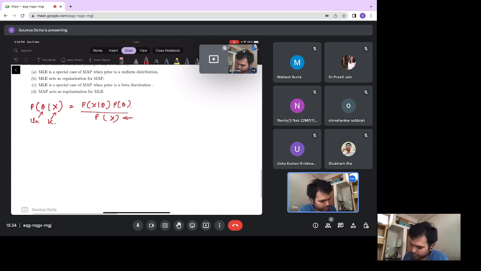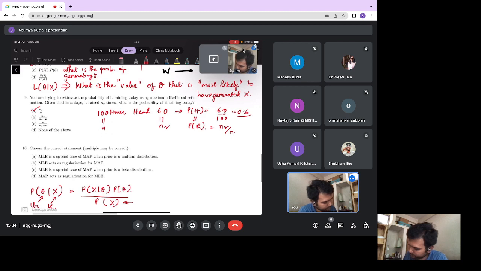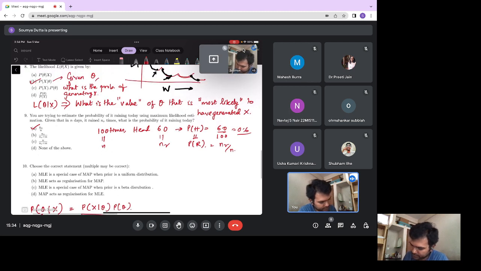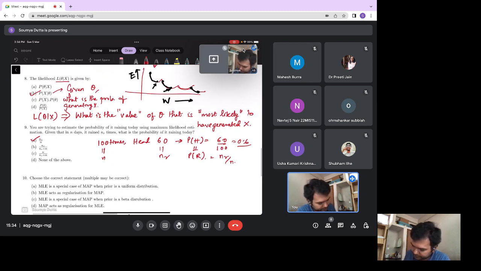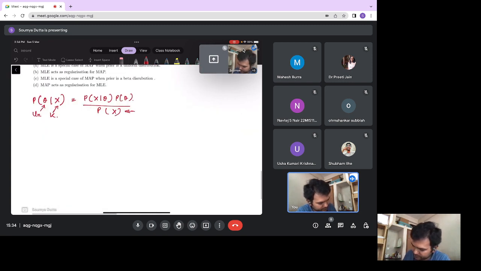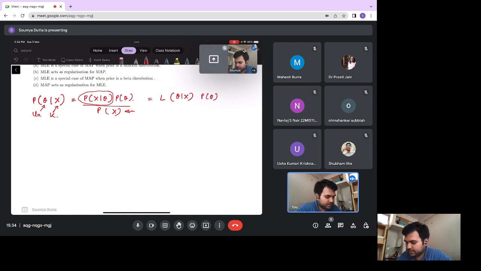Now, if you see the likelihood that I had written, L of theta given x, which is actually p of x given theta. So you see p of x given theta is appearing here. So I can write L of theta given x, which is the same as p of x given theta, times p of theta. The denominator I am ignoring because theta is not present there.